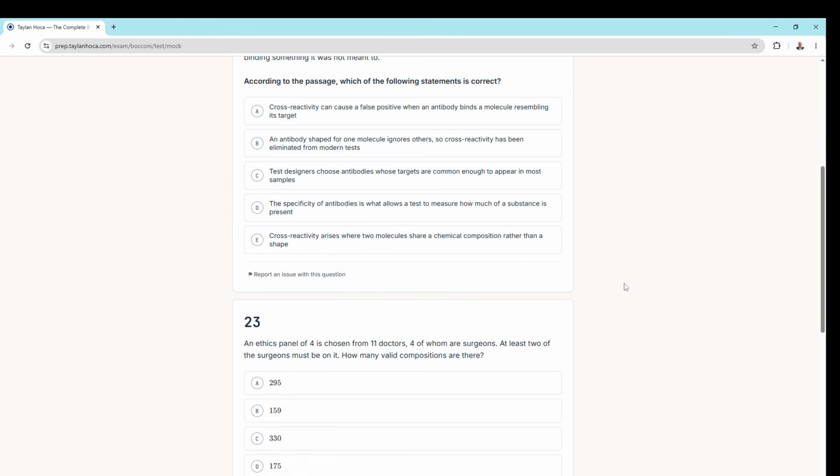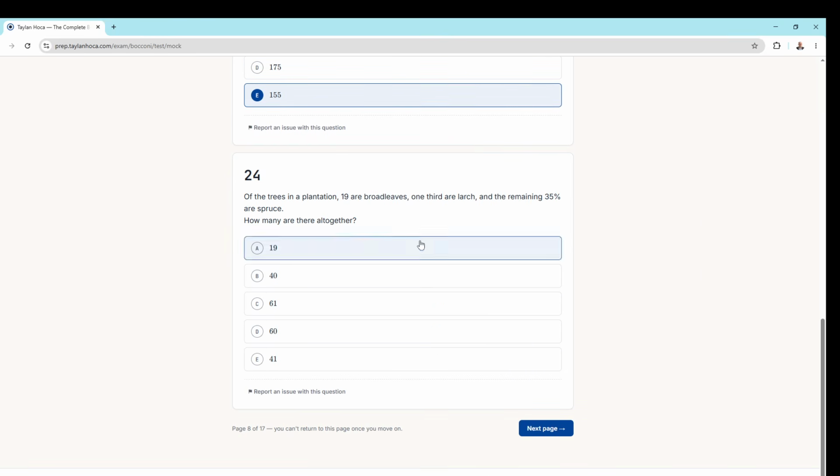All right, I'm back. So, of the trees in a plantation, 19 are broadleaves, 1/3 are large, and the remaining 35% are spruce. How many are there altogether? Okay, so 1/3 and 35%, and the rest is 19, right?